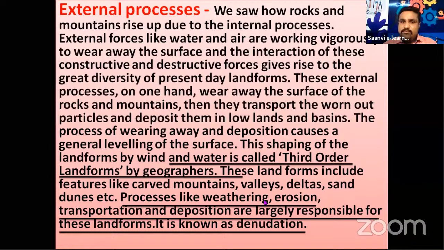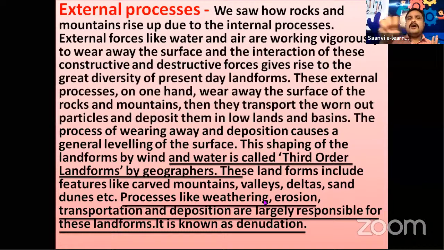Rivers, wind, and even waves cut the soil and rocks from one place and take them to another place. That process we call transportation. First process is weathering, second process is transportation, and third one is deposition.